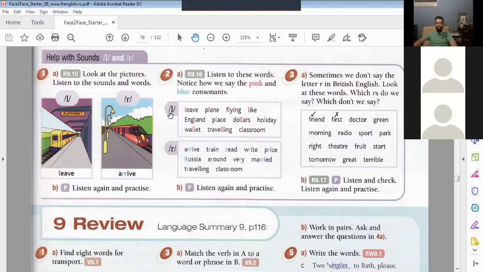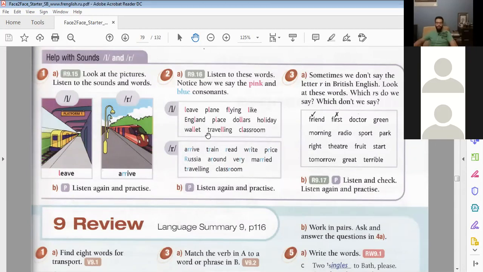Leave. Plane. Flying. Like. England. Place. Dollars. Holiday. Wallet. Traveling. Classroom.